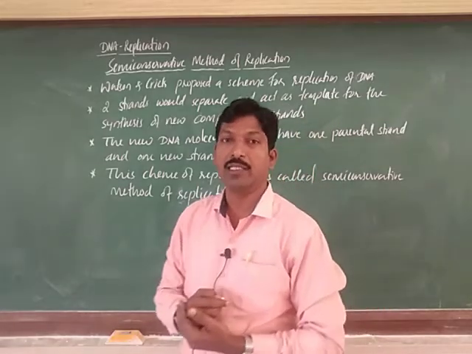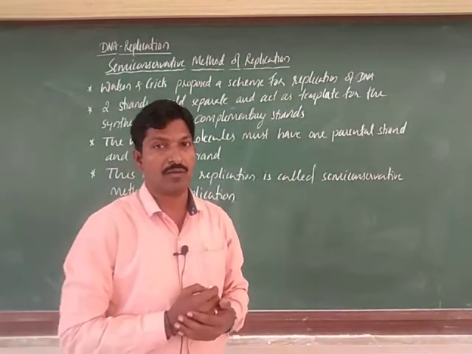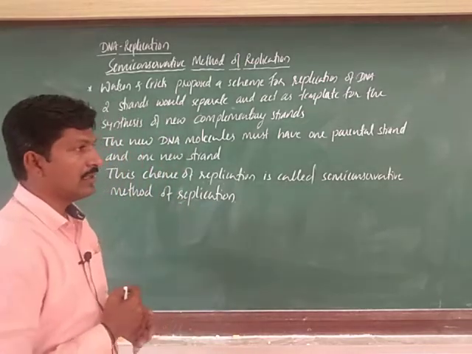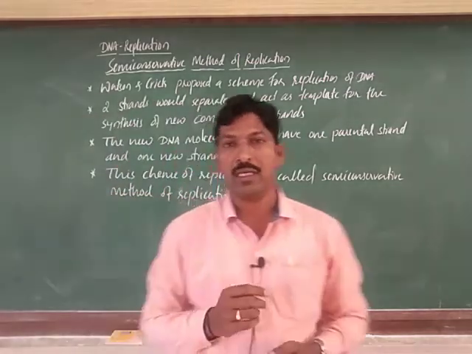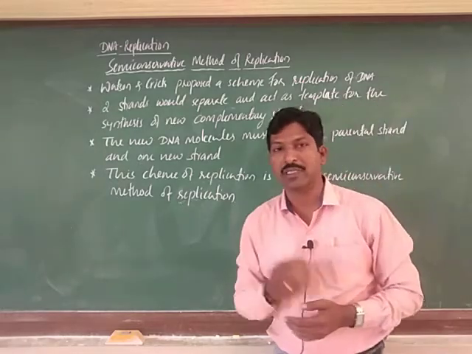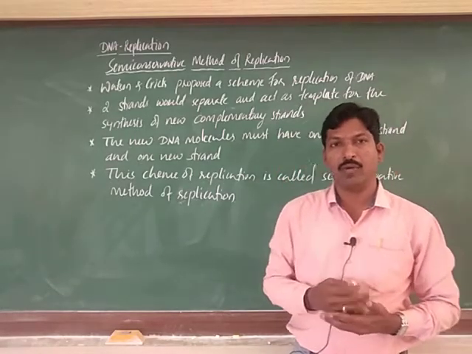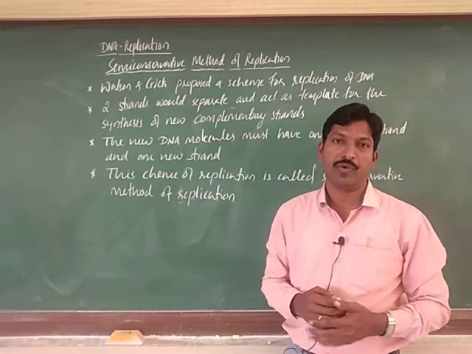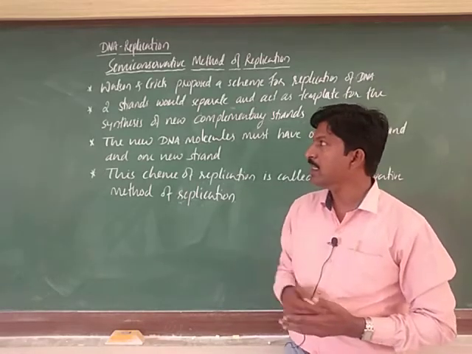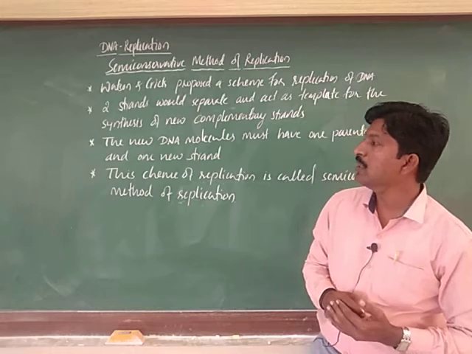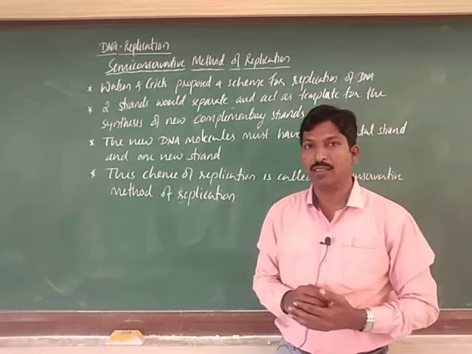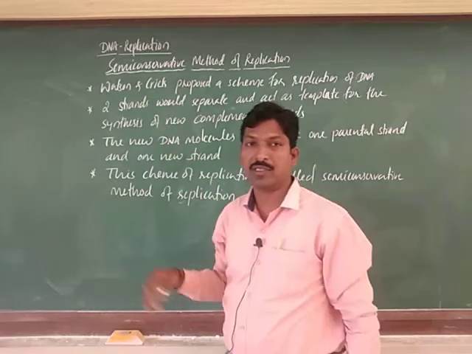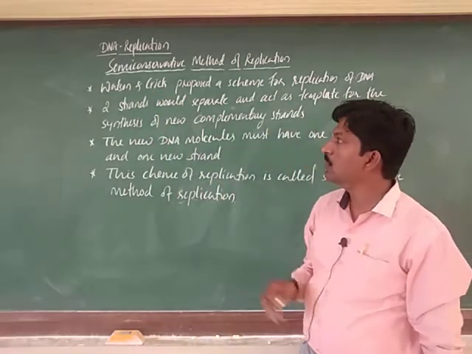Nucleic acids were discovered as nuclein by Friedrich Miescher, around 1868 or 69. After a long time, the structure of nucleic acids, especially DNA, was explained as the double helix model by Watson and Crick, as we discussed in an earlier video.